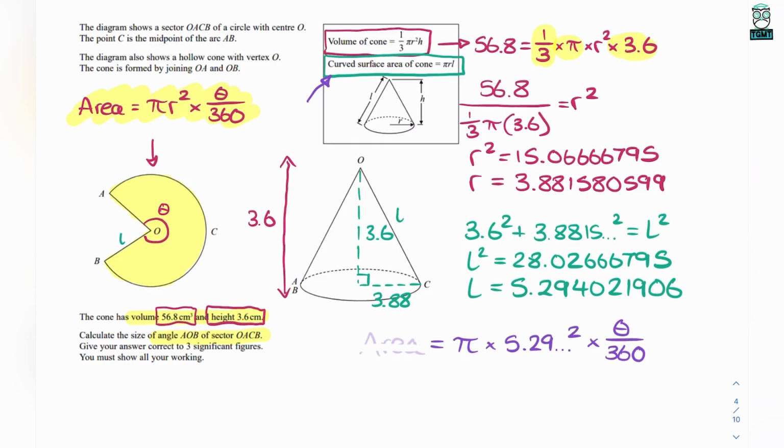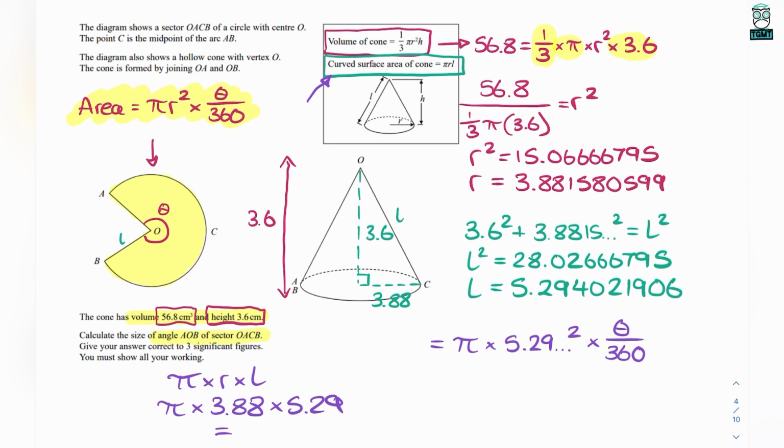So if I get rid of that word area there, and we work that out, to get the curved surface area, it's pi times r times L, which is pi times the radius of the cone, 3.88, multiplied by the L number, 5.29, and let's see what that equals.